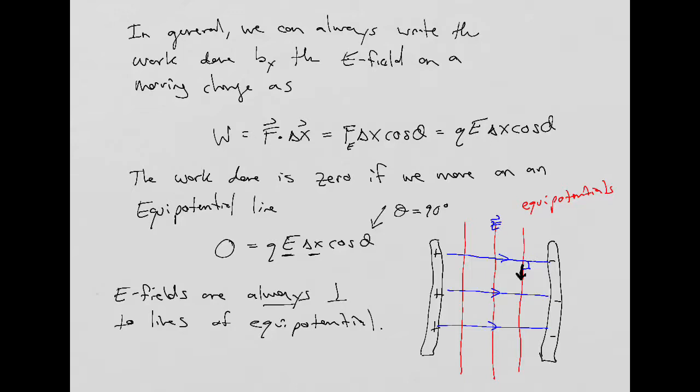So let's see one more case of what this looks like. The parallel plate one is the easiest because the lines of equipotential are really simple, right? They're just straight lines. What if we had a point charge? Okay, so first we have to draw our lines of equal potential around a point charge.